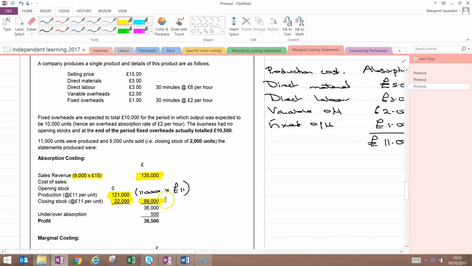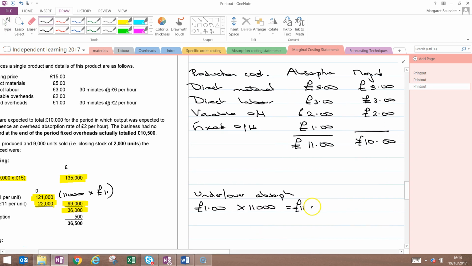Sales minus cost of sales, we have 36,000. Now we're doing absorption costing, so we need to consider the under or over absorption. We have £1 a unit and we produced 11,000 units. So that's £11,000 of overheads absorbed.